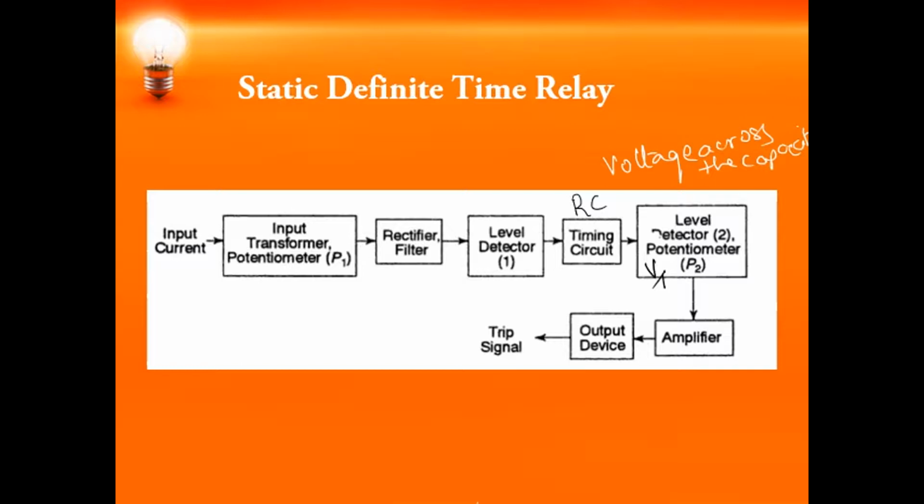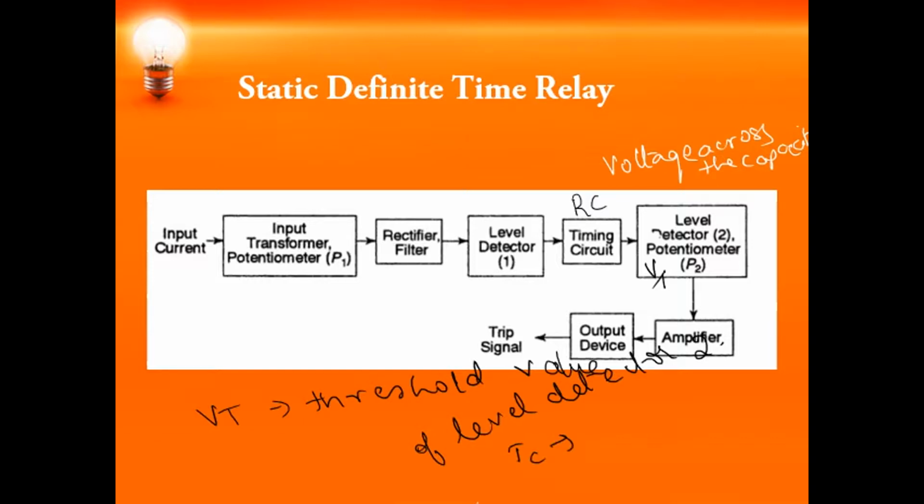If we consider Vt is the threshold voltage value of level detector 2, and if Tc is the time required for the capacitor to charge, then the charging time Tc of the RC timing circuit is given by Tc = RC ln(V/(V - Vt)), where V is the voltage applied to the capacitor.